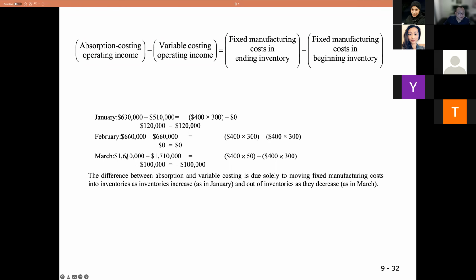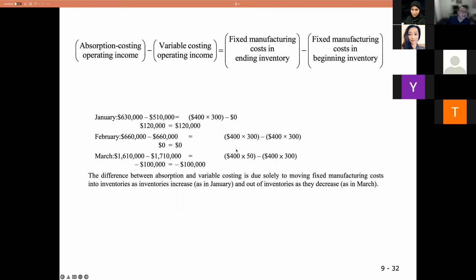So 1.61 million minus 1.71 million, that's a negative 100,000. And on the other side, the opening is still 120,000. The ending is only 50, right? At the end of March, there's only 50 units left. So this is 20,000. 20,000 minus 120,000. So you have negative 100,000.